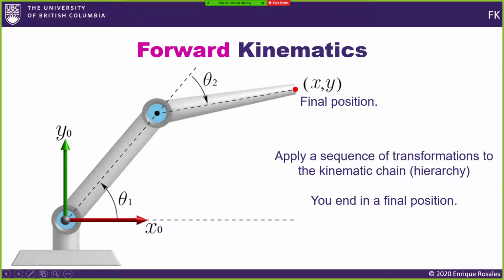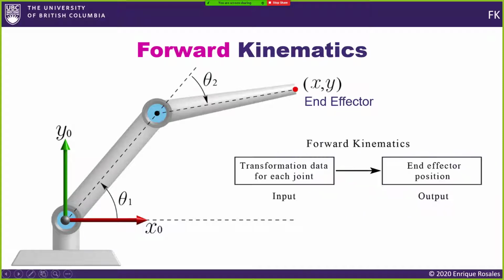So that is called forward kinematics. In forward kinematics, you have as input the transformation data for each joint or each link, and the output is the end effector position. This final position, the name we usually use in computer graphics or in robotics, is called the end effector. The end effector is basically the last part of your kinematic chain.